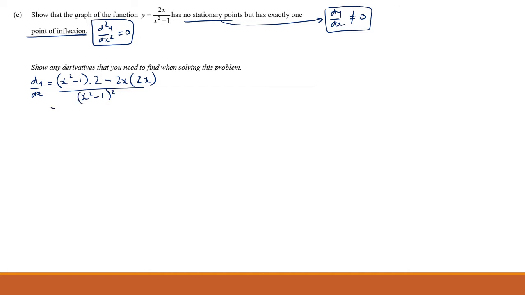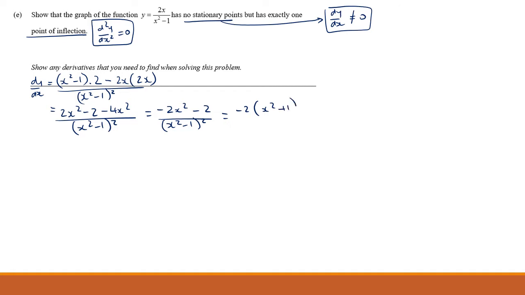Okay, so let's just expand the top to make it a little bit prettier. Now I can actually simplify the top to be negative 2x squared minus 2 all over x squared minus 1 all squared. And if I want to, that's going to be negative 2 into x squared plus 1 all over x squared minus 1 all squared.